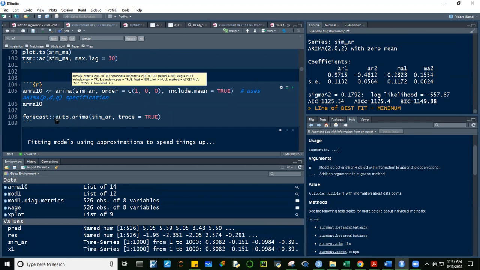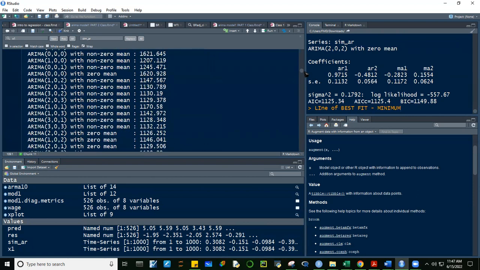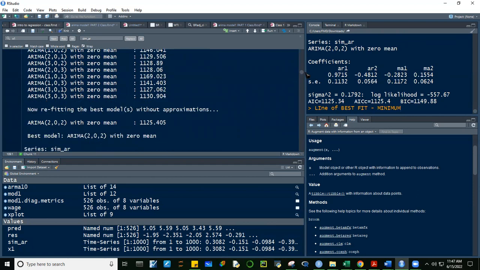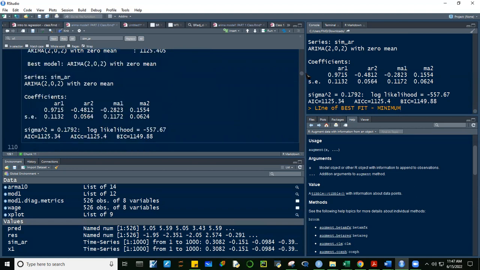With this function in the forecast package, auto.arima, it's automatic, it immediately generates many models, and then it will give us the best value. In this case, the best value is ARIMA202. No? ARIMA202. So this is the P and this is the Q.